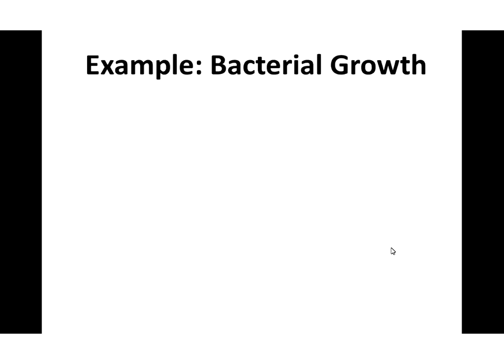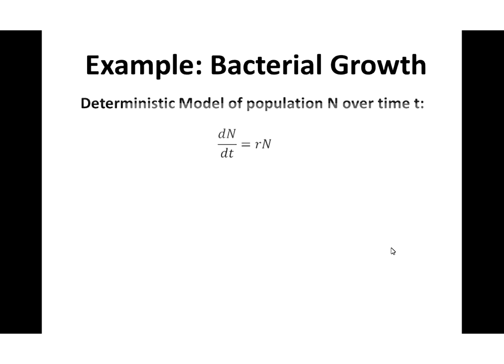In fact, in an earlier lecture, we looked at a deterministic model of population growth over time for a bacterial colony. And you'll remember it was the example we used for solving a first-order ODE, ordinary differential equation.